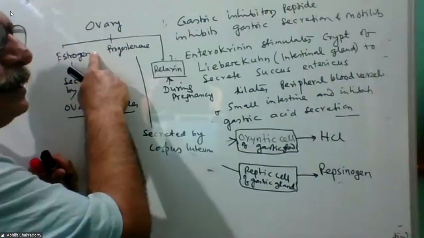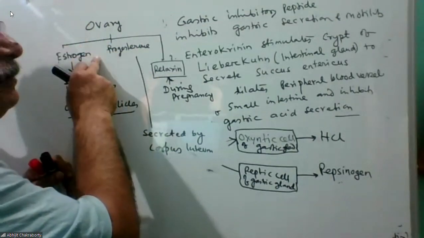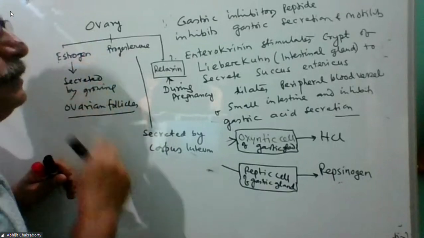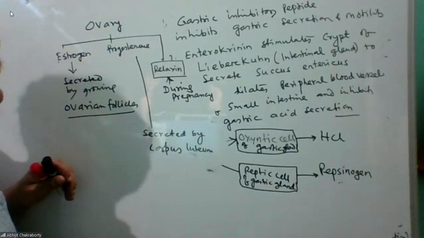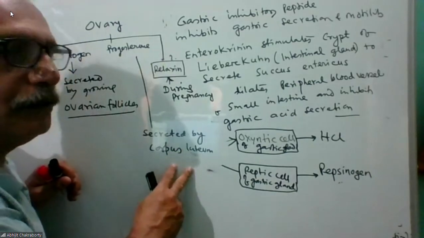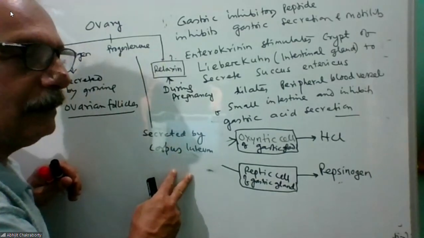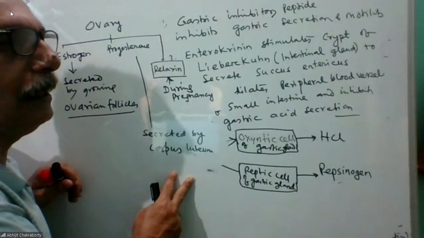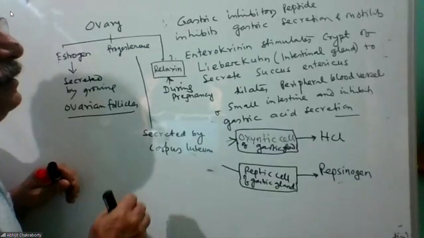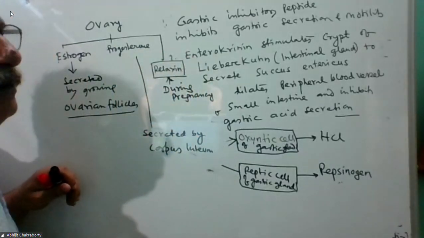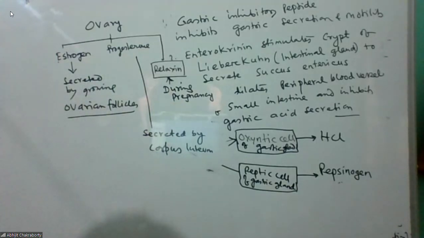Progesterone, on the other hand, is secreted by the corpus luteum. It maintains pregnancy and also helps in stimulating the alveoli of the mammary gland and synthesis of milk there. Relaxin is required only during pregnancy and during parturition. At the time of parturition, basically this hormone is secreted.